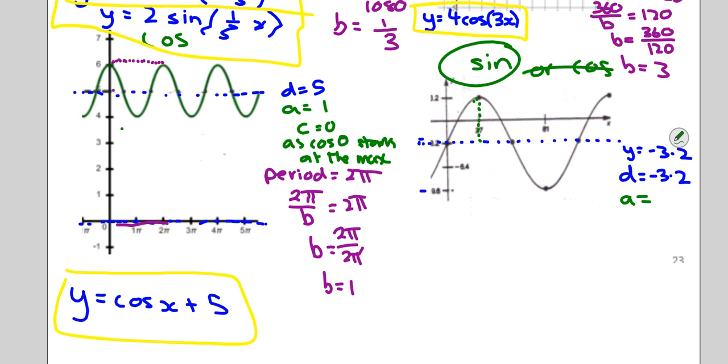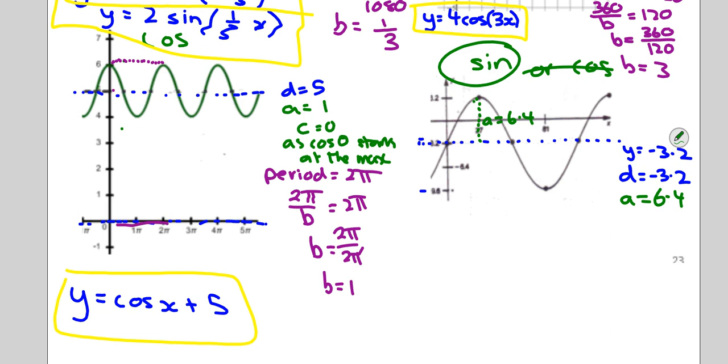So write A equals 6.4, because it's 3.2 plus 3.2. Drawing in the principal axis to start with sometimes makes it easier to see where the amplitude is and all that kind of stuff.